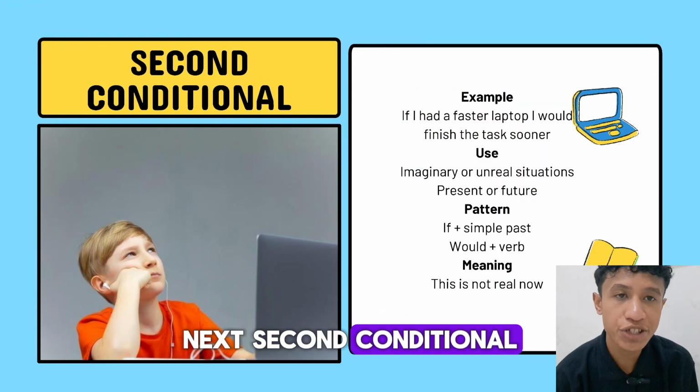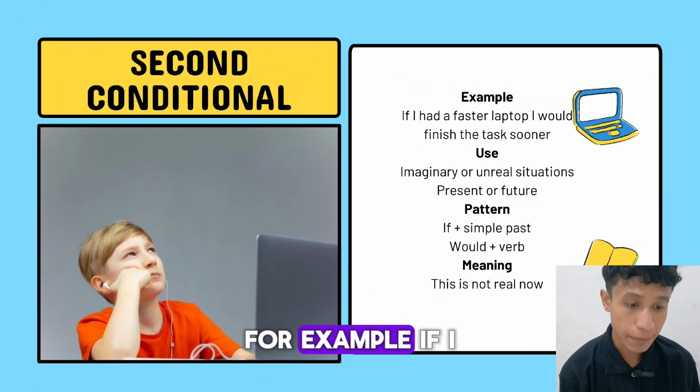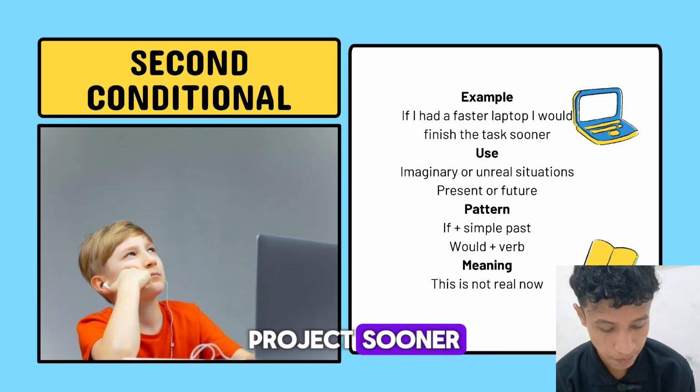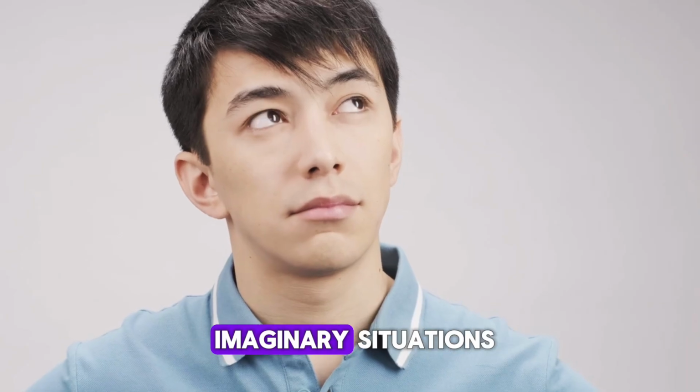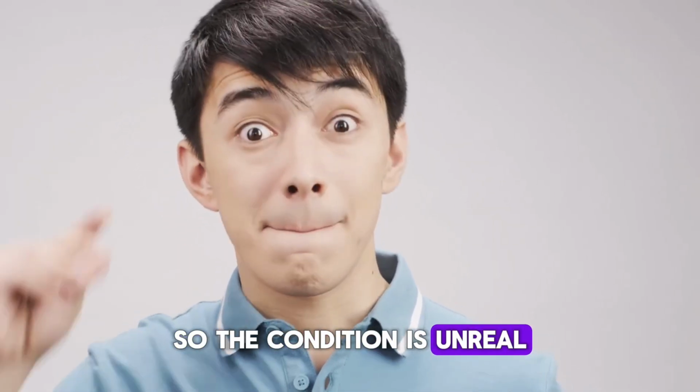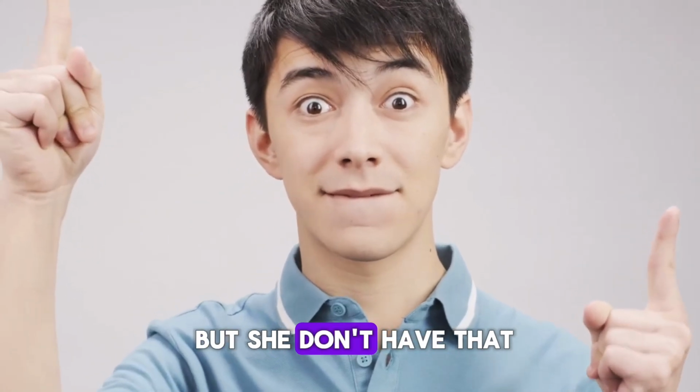Next, second conditional. For example, if I had a faster laptop, I would finish the project sooner. This example describes an imaginary situation. The speaker does not have a faster laptop now, so the condition is unreal. She just imagines that, but she doesn't have it.